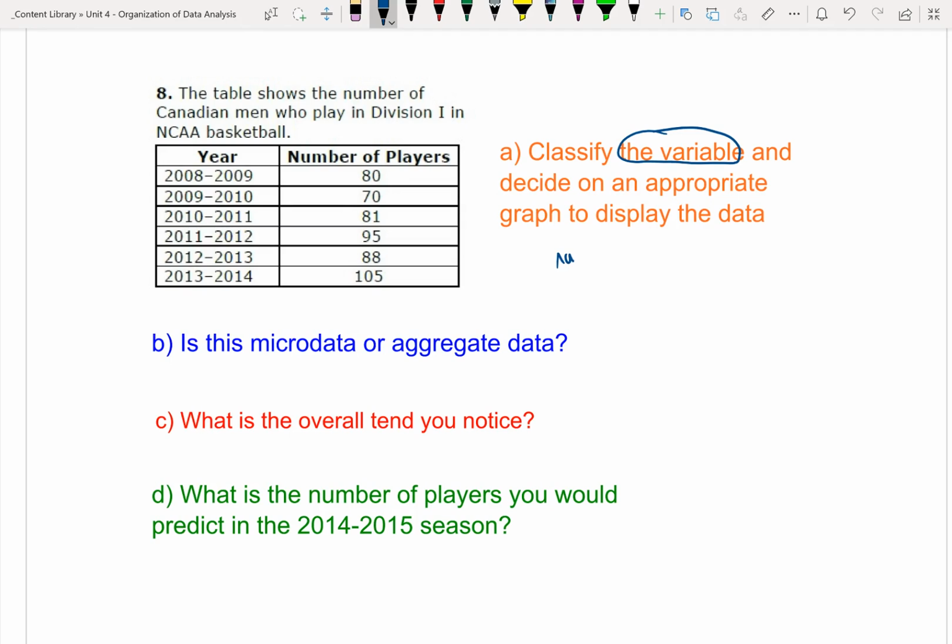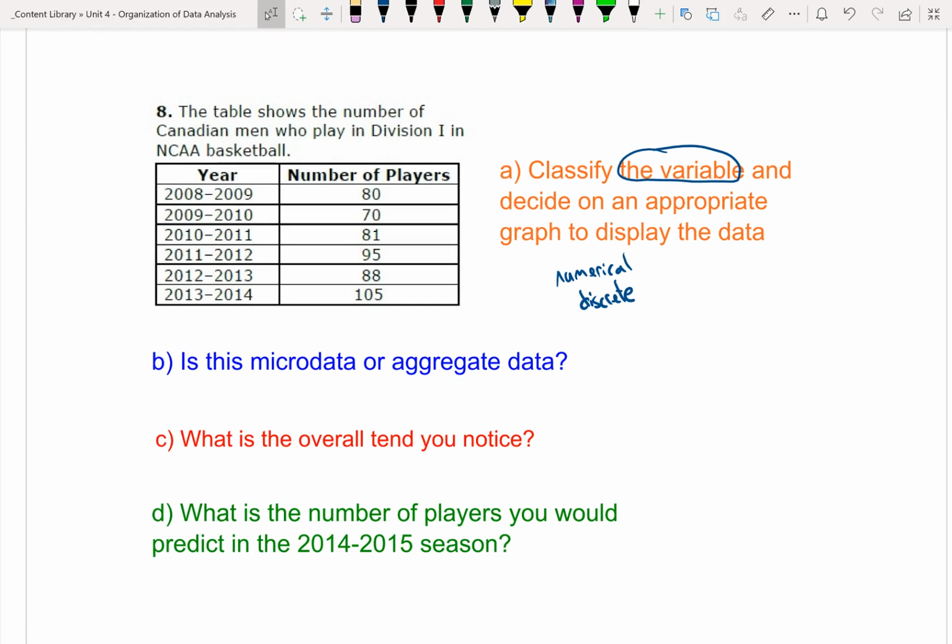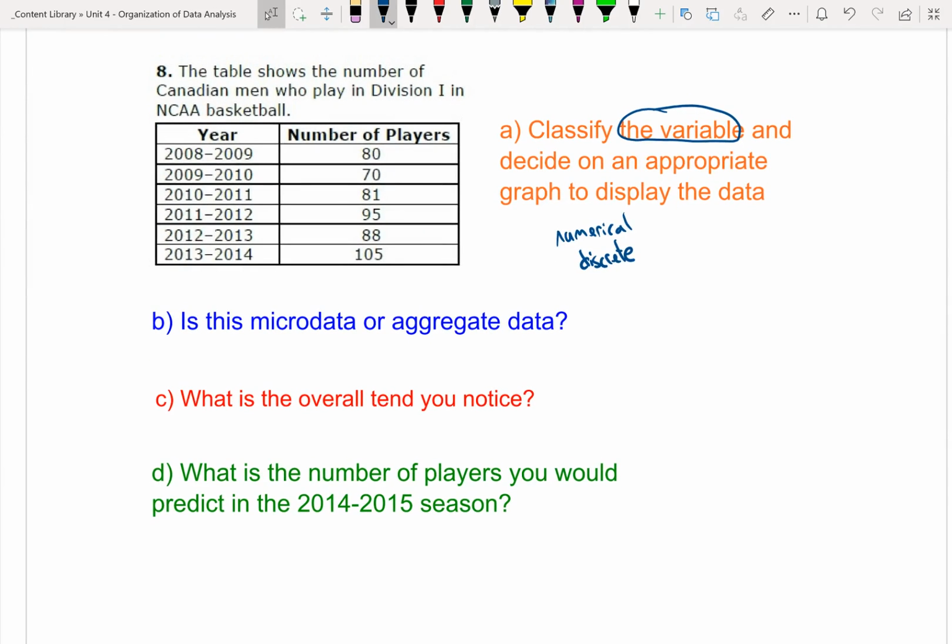So we are dealing with numerical data, and it would be discrete because there is only a set amount of players, or it is a fixed number of players that we can have. Right? So we're not going to have a range of players in terms of decimal numbers. It's going to be a fixed number, like 1, 2, 3, 4. In this case, 80. It's not going to be 80.35, etc. So because this is numerical and discrete, we would want to display this as a bar graph.